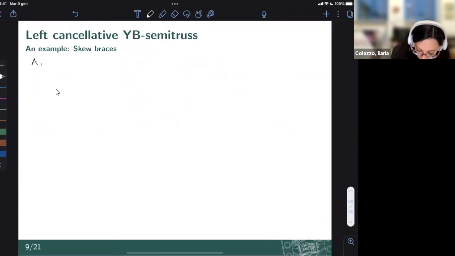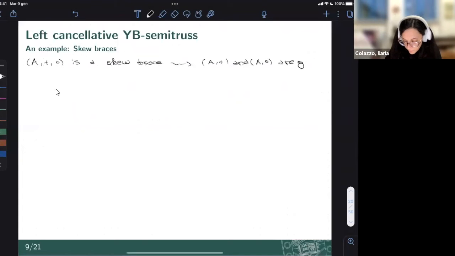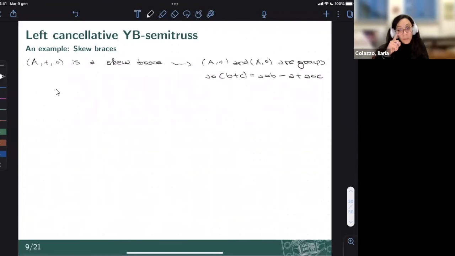So if A, plus, circle is a skew brace, which, just as a quick reminder, means that A plus and A circle are groups, and A circle (B plus C) is just A circle B minus A plus A circle C, then we can prove that A, plus, circle and lambda satisfy the condition of the previous result, in particular giving us the structure of a YB-semitruss.